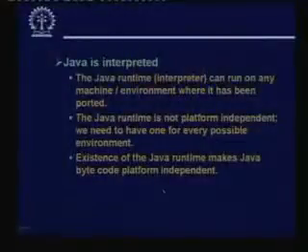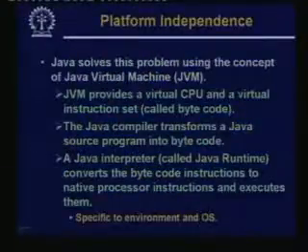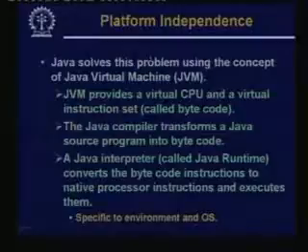Whenever you say internet, that means you are downloading or transmitting Java files from one machine to another. So here the issue of platform independence and portability naturally comes in. Some features of Java allow you to do this. Let us see how this platform independence feature actually comes into the picture.